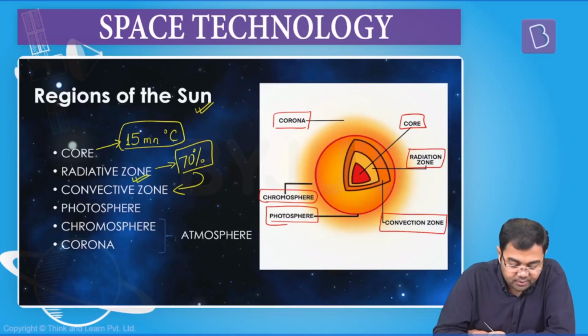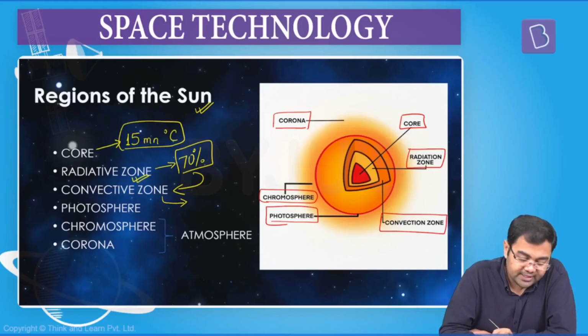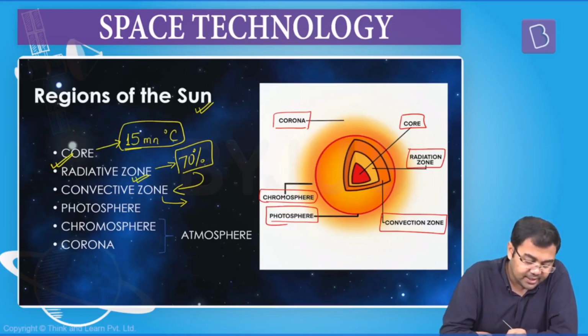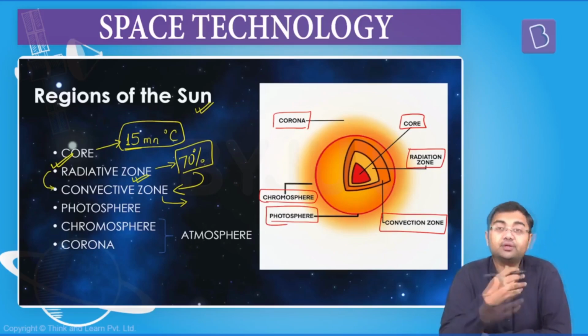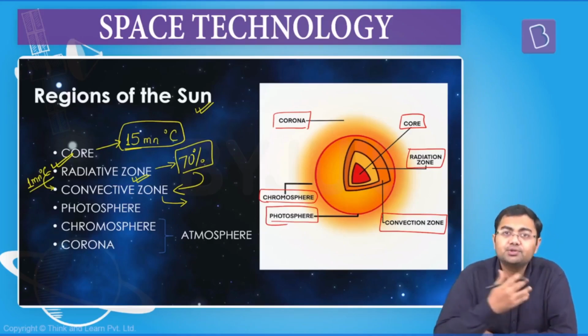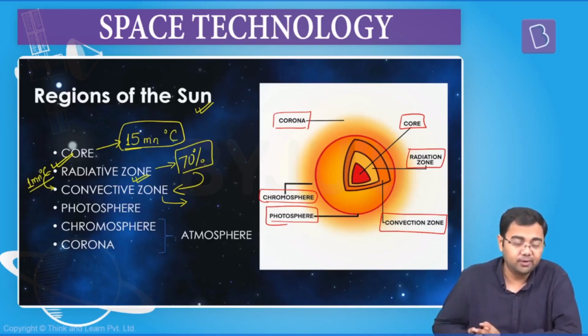Now this is a zone where we see that temperatures have dropped. For example, we know that at the core the temperature is approximately 15 million degrees Celsius. Once you have reached the radiative zone and you are going towards the convective zone, at the end of the radiative zone you have a temperature of approximately 1 million degrees Celsius. So temperatures have dropped significantly now.